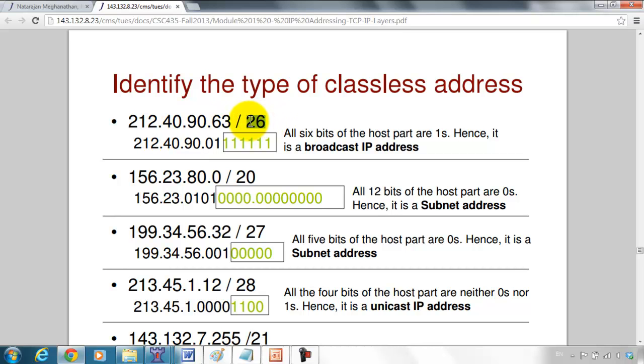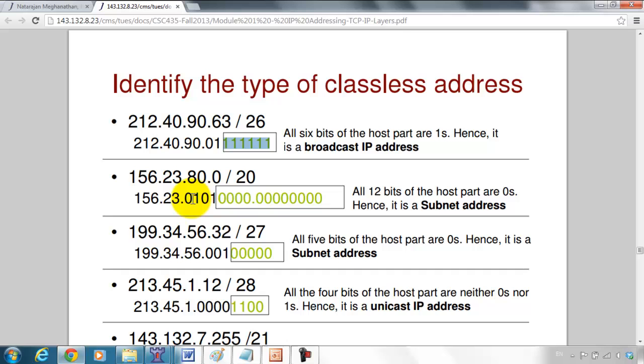So we have 32 minus 26, 6 bits for the host part. So I write this in binary. So this is 90, this is 63. So for 63, we have 6 bits in the host part, right? So these are the 6 bits for the host part. The last 6 bits, they are all ones. So you can directly say it is a broadcast IP address.